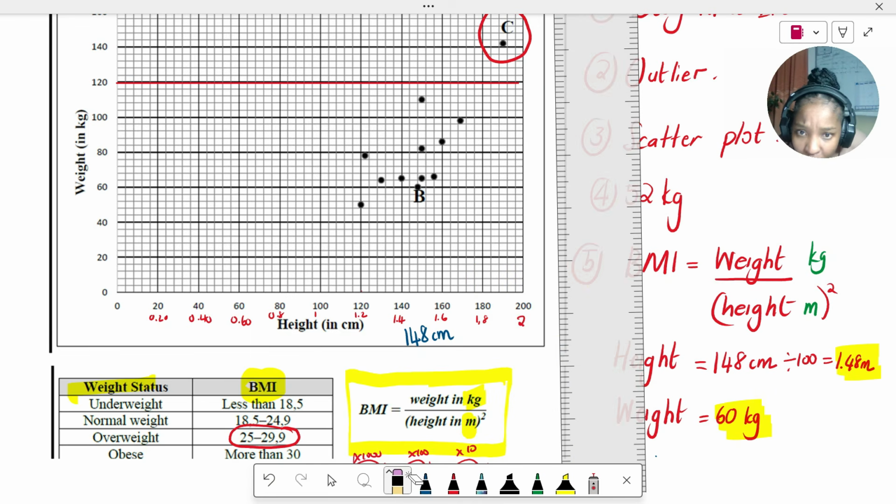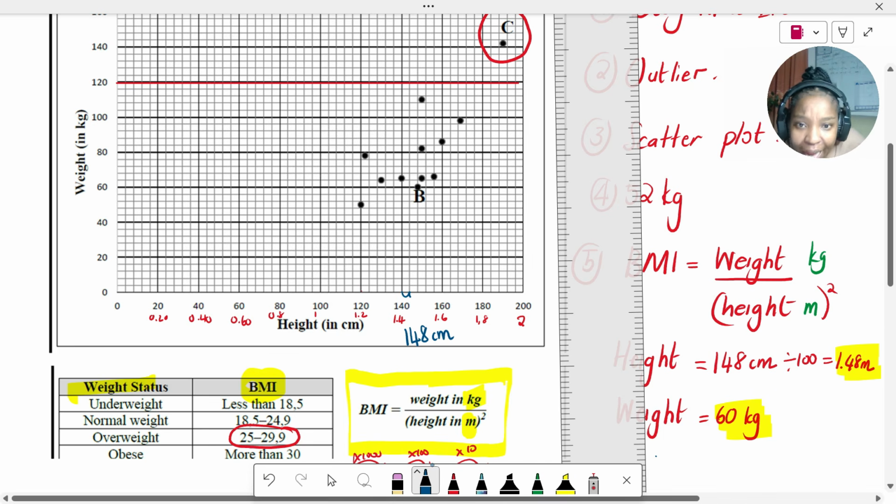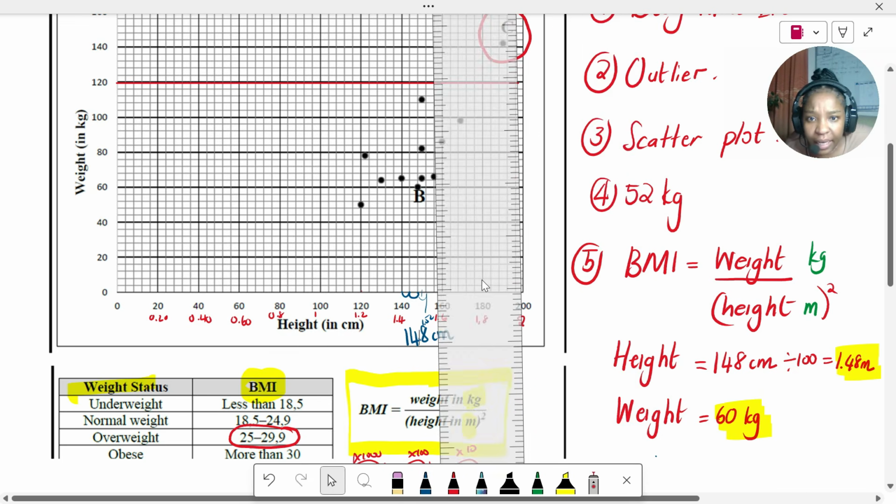Below 1.5. Remember, guys, we mentioned that we're going up in 4. So if this is 140, 144, 148, then 1.5 is here, because this one is 152, so this is 1.52. That means it's in between there, so I'm just going to draw it like that.